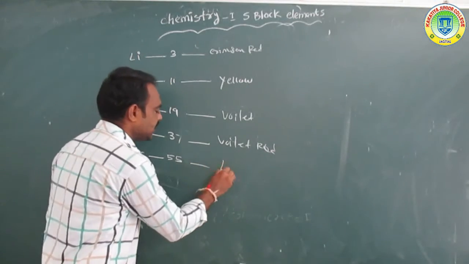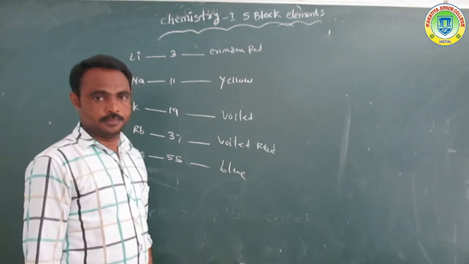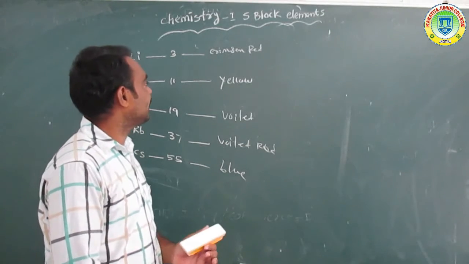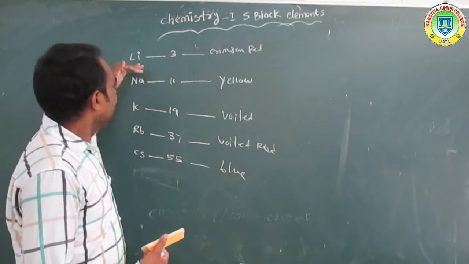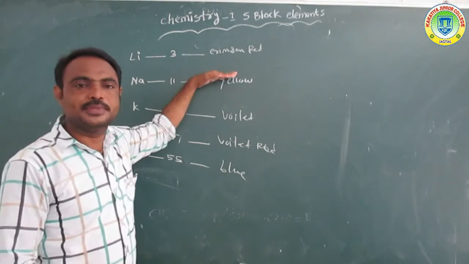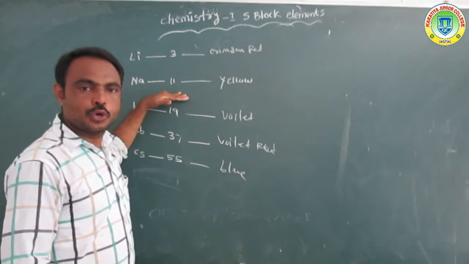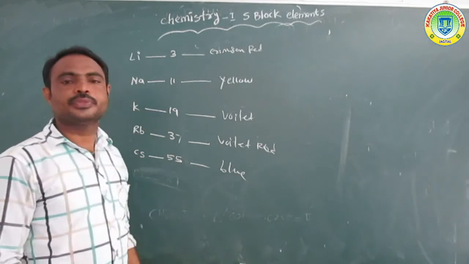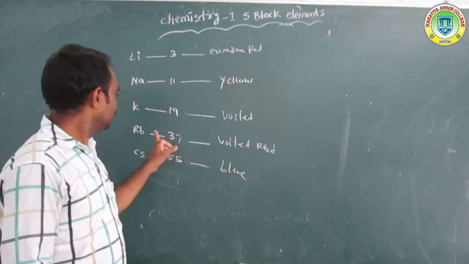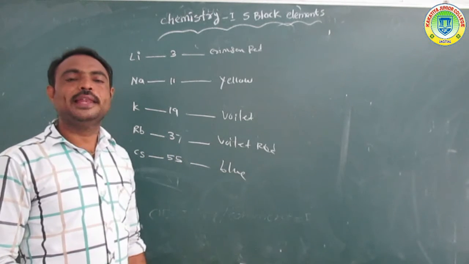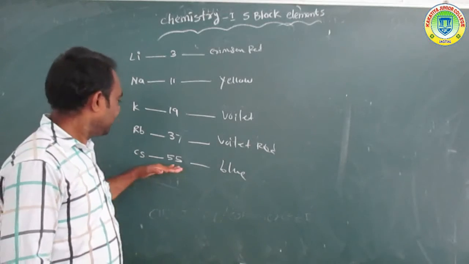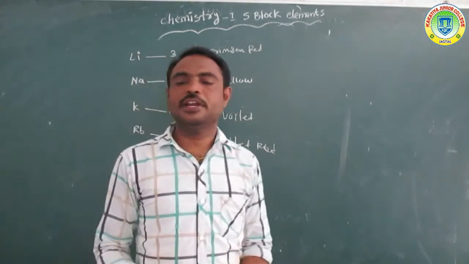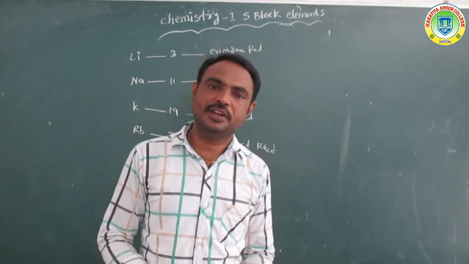Next, cesium is blue. Francium does not show a color here. So lithium is crimson red, sodium yellow, potassium violet, rubidium violet red, and cesium blue. Different elements show different colors.